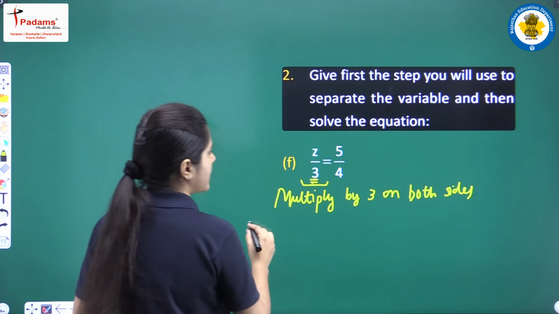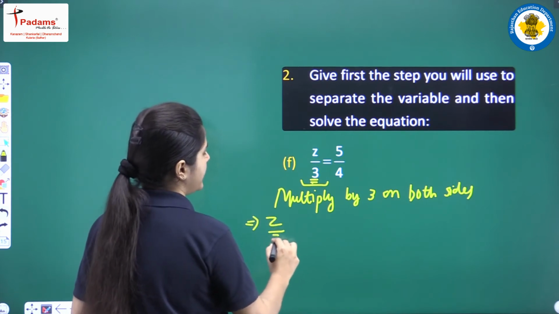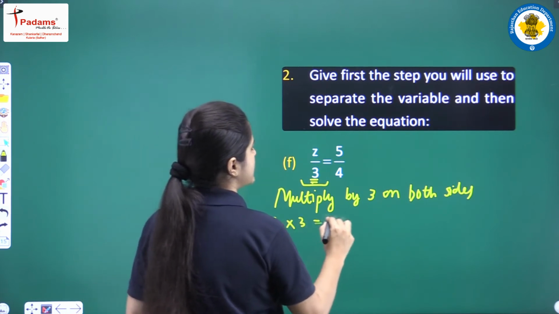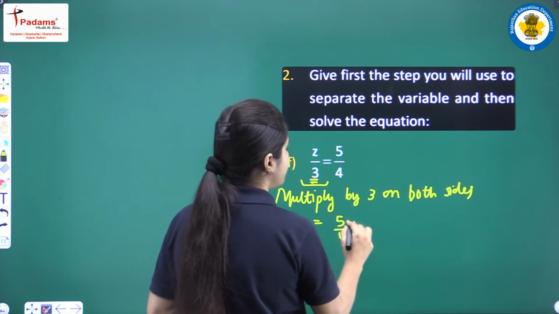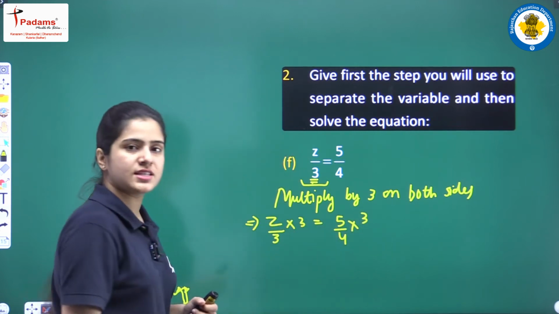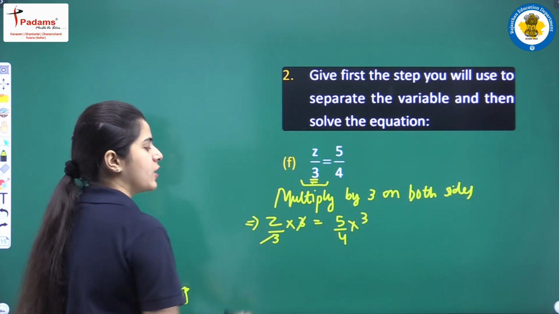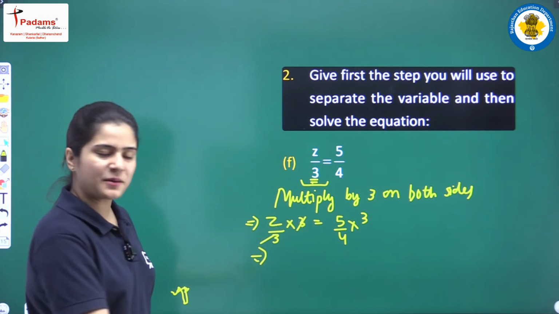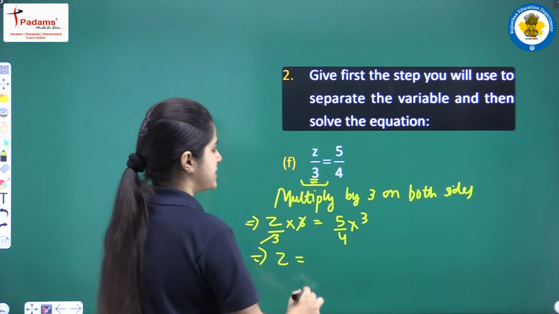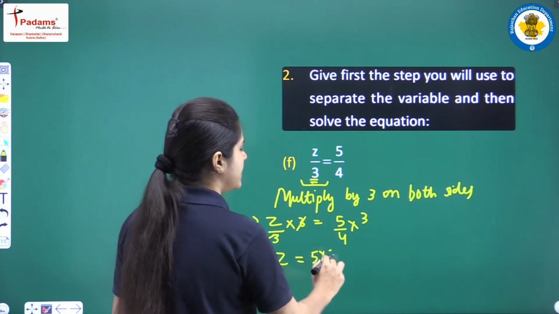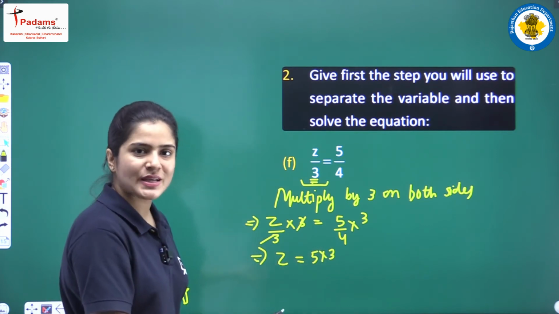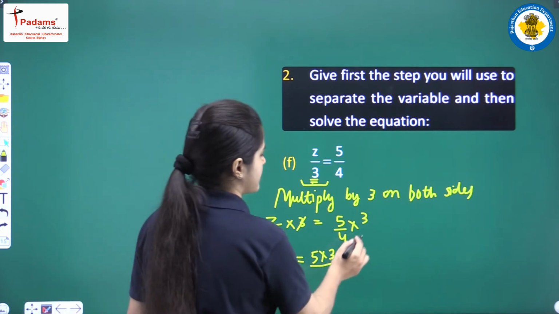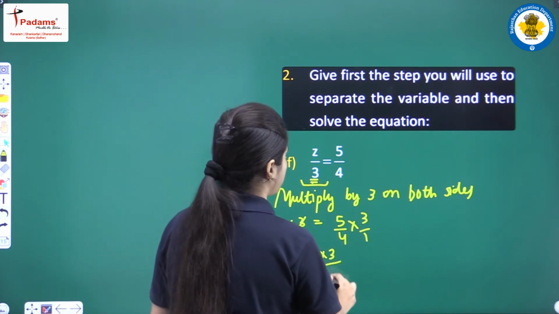Okay students, now Z upon 3 into 3 is equals to 5 upon 4 into 3. Alright students, this 3 will be cancelled out by this 3. This is equals to Z into 1, that is Z. This Z is equals to 5 into 3, multiplying the numerators together upon the denominators, 4 into 1.